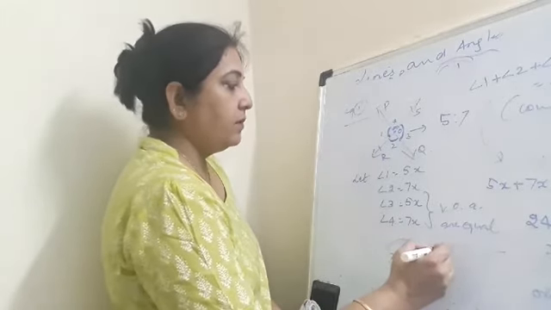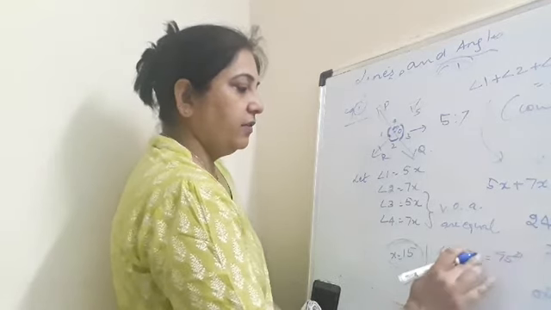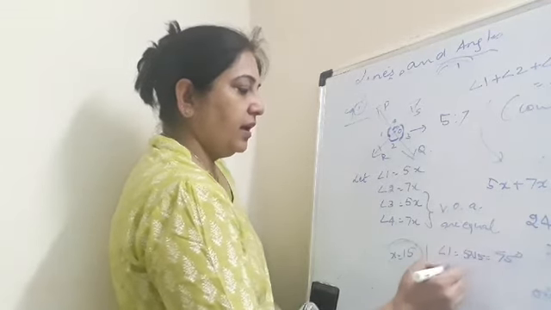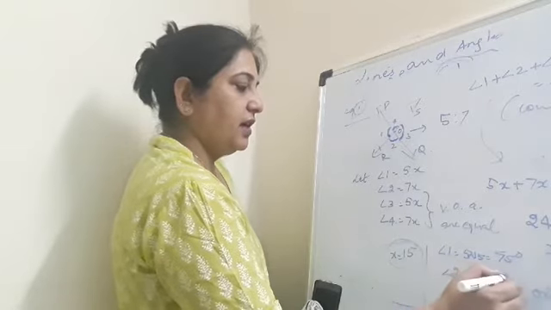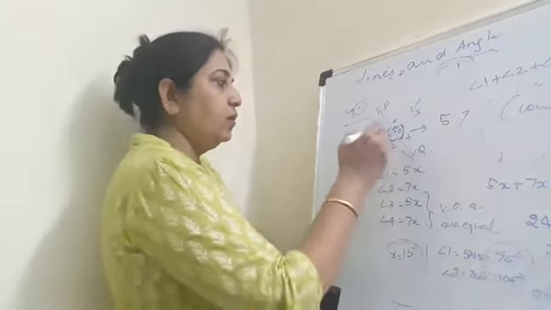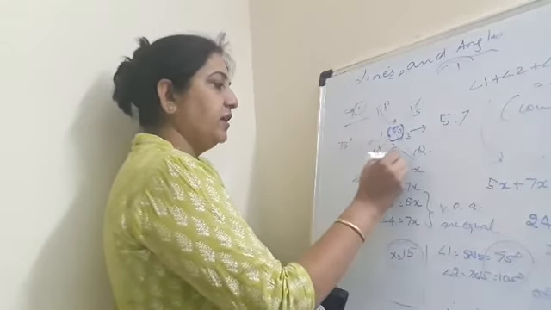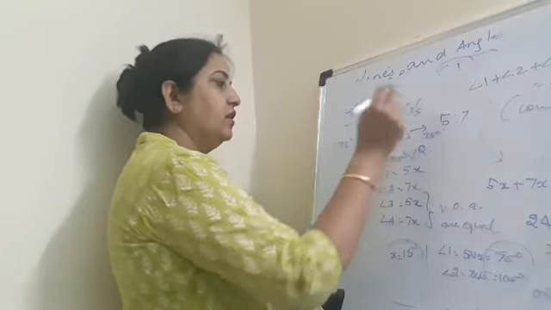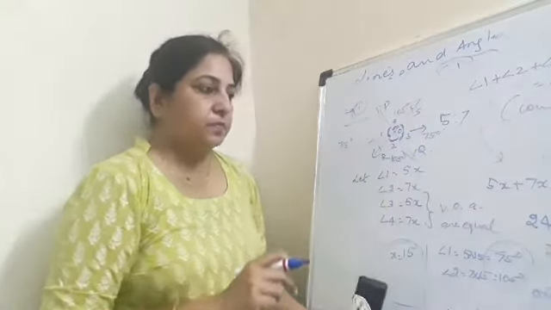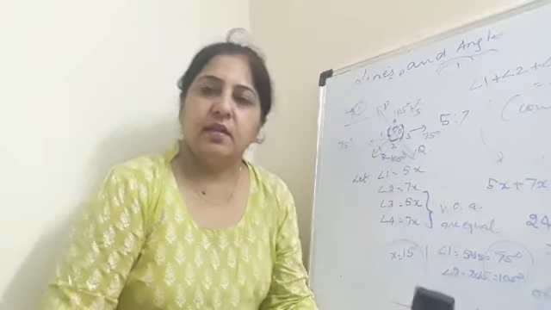Angle 1, that is 5x, is 5 into 15, which is 75 degree, and angle 2 is 7 into 15, which is 105 degree. If angle 1 is 75 and angle 2 is 105, then angle 3 will also be 75 and this will be 105. So you got all the 4 angles, and you can write the reason that these are vertically opposite angles and they are equal.